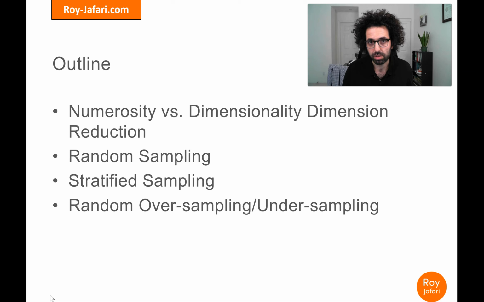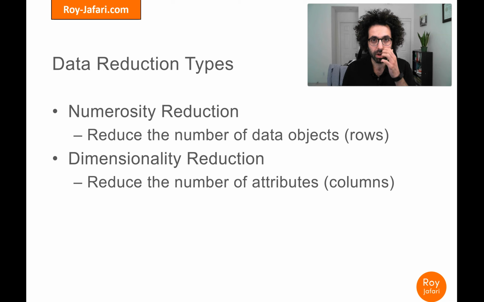So as we discussed, there are two types of data reduction. Numerosity data reduction is when we focus our efforts to reduce the size of data by the number of rows, as in the end result of the data reduction is going to have less number of rows, as opposed to dimensionality data reduction, which is when we put our effort to reduce the size of data, we're going to end up with less number of columns or attributes.